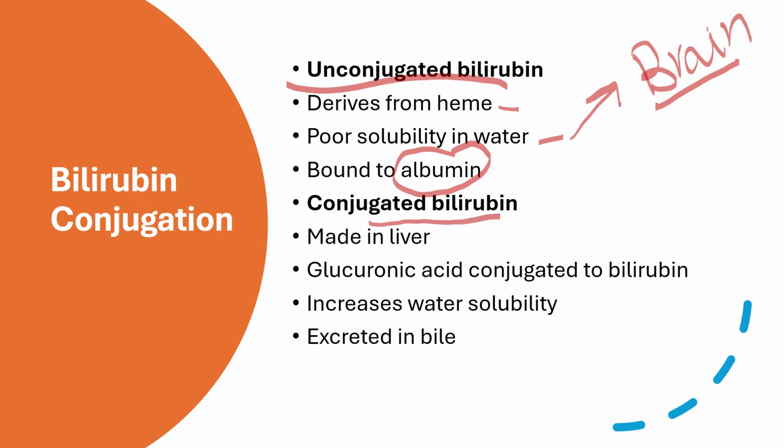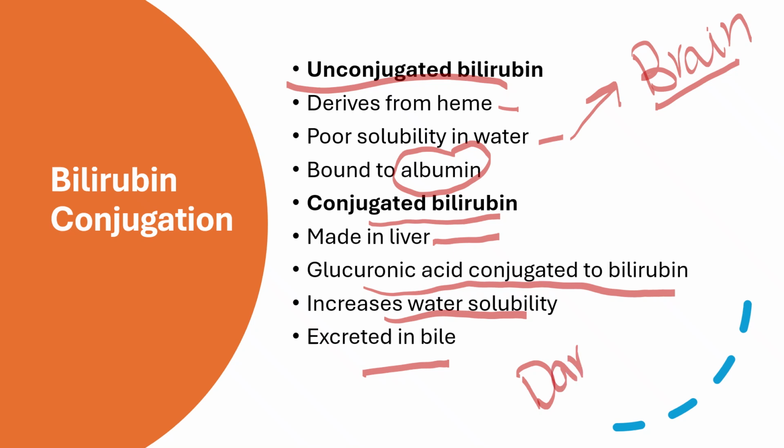Conjugated bilirubin is made in the liver by the enzyme UGT; glucuronic acid conjugated to the bilirubin increases water solubility, and it is excreted in urine. When the patient has a conjugated hyperbilirubinemia, the urine of this patient is dark. Why? Because of increased conjugated bilirubin in the urine.